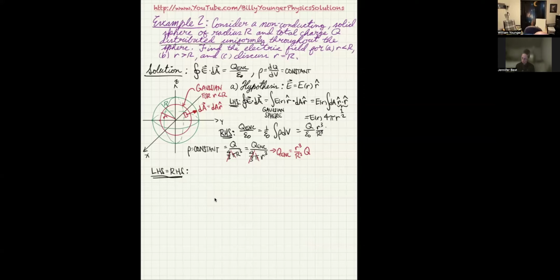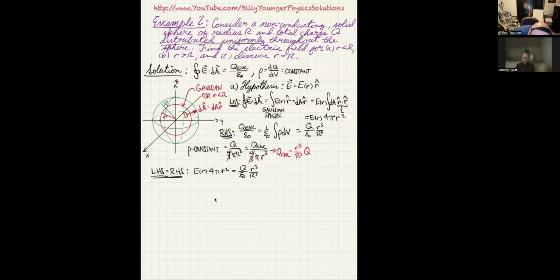And when I do that, I get E of r times 4 pi r squared is equal to, oops, I forgot the epsilon naught. Let me correct that real quick. Oh, no, I had it on the other one. That's right. Okay, so I'm good on that. So this is going to be Q over epsilon naught r cubed over R cubed.